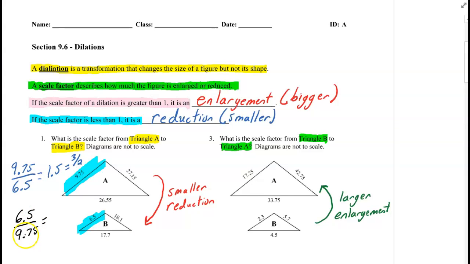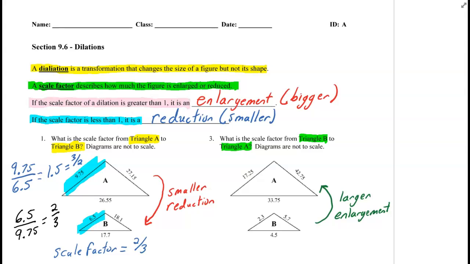So 6.5 over 9.75 is 2/3, or 0.6 repeating. So the scale factor for this problem, since it is a reduction, that scale factor must be less than 1, so it is 2/3.